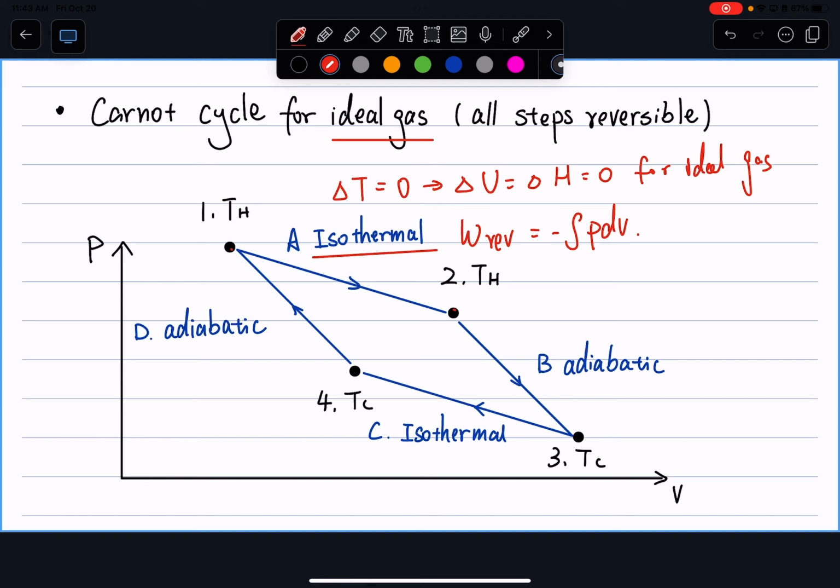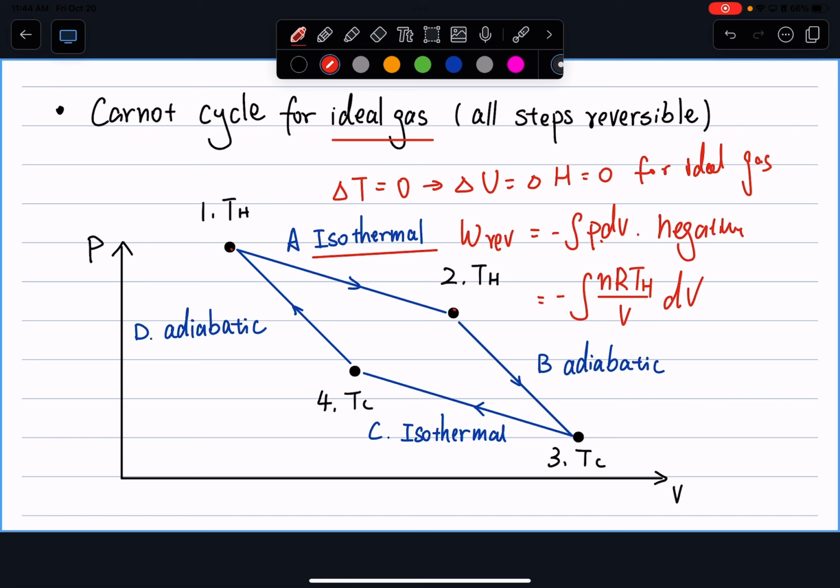So in this case, what we know is that your work reversible must be a negative number. Your system is expanding. It does work on its surroundings. For ideal gas, we can actually write out that integral because we know what P is. Using the equation of state, we have nRT, where T equals TH, over V dV. So you can actually calculate what the work reversible is.